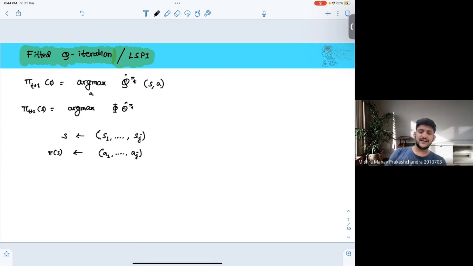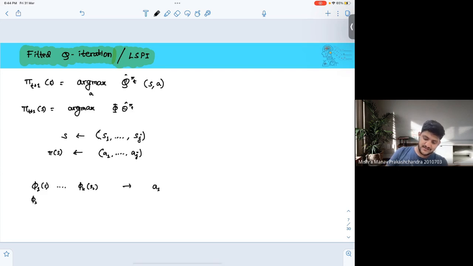So what you're trying to do is map from a state to an action, right? So let's say you have your state representation: phi 1 of s1 to phi k of s1, and this corresponds to your action a1.